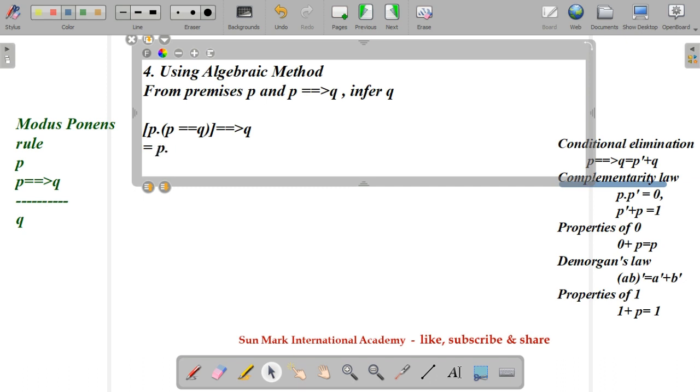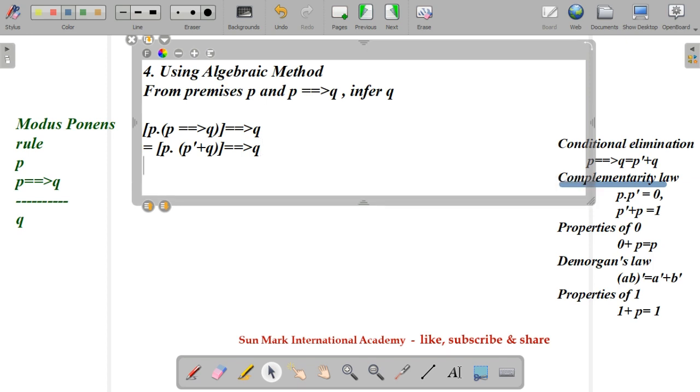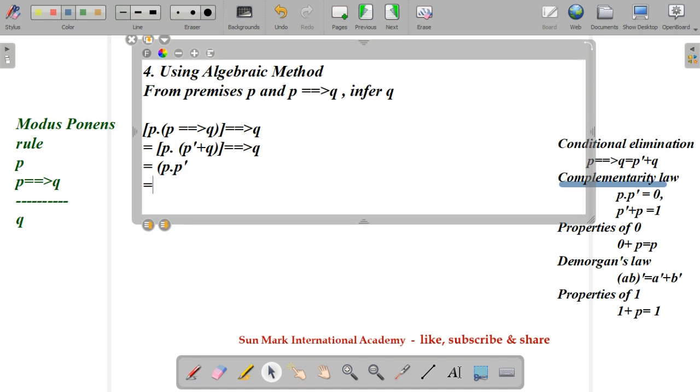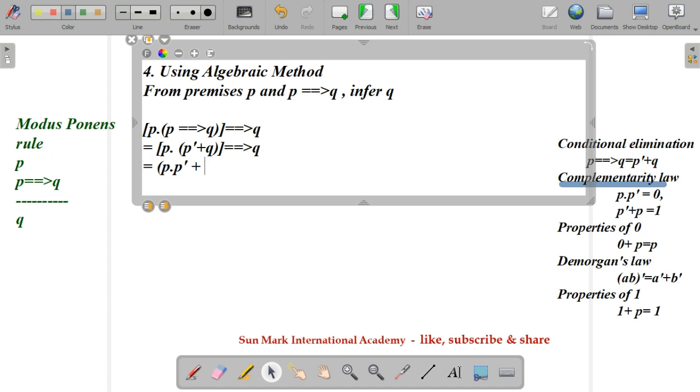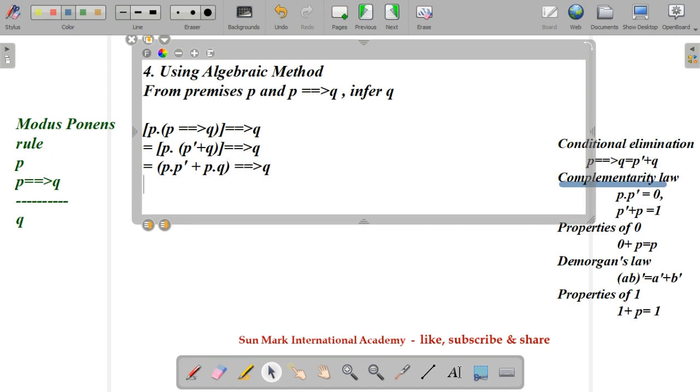Here, P dot, P implies Q, where P implies Q is the formula P dash plus Q. The whole implies Q. We have substituted the value of P implies Q equal to P dash plus Q. The next step, multiply: P dot P dash plus P dot Q, the whole implies Q.